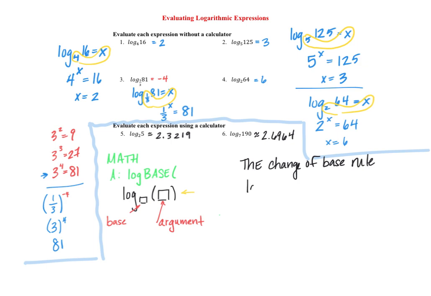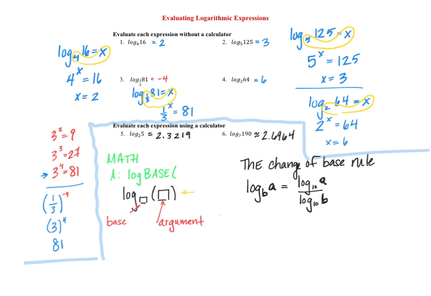If I have, let's say, log base b of a, and I'm trying to put that in my calculator, so, for example, that log base 2 of 5, I can change the base to log base 10 of a and log base 10 of b. So what did I do? I took the log of the argument and I divided it by the log of the base.